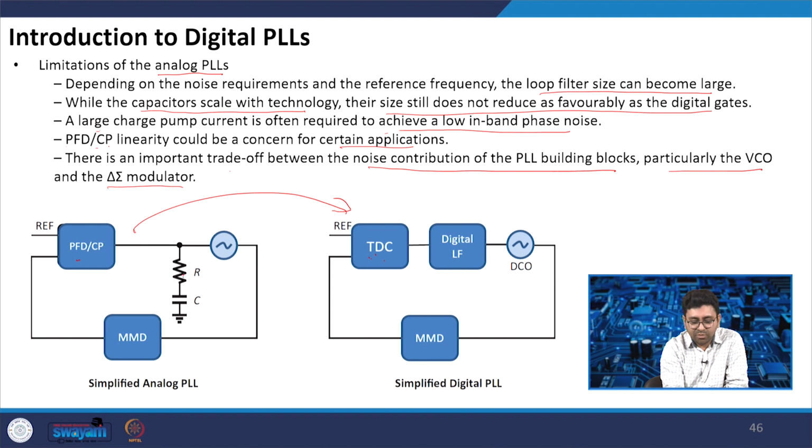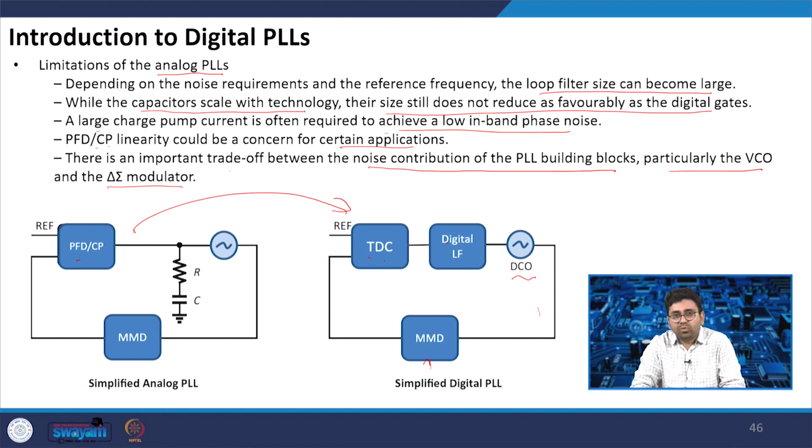Instead of RC, it requires a digital loop filter, and then a digital controlled oscillator can be used as the VCO, and the modulus divider is already a digital circuit, and then it will be provided to the reference.